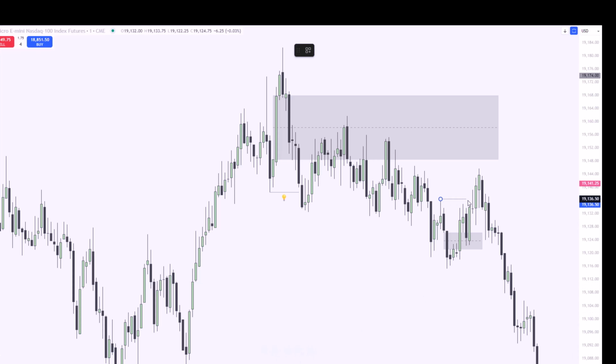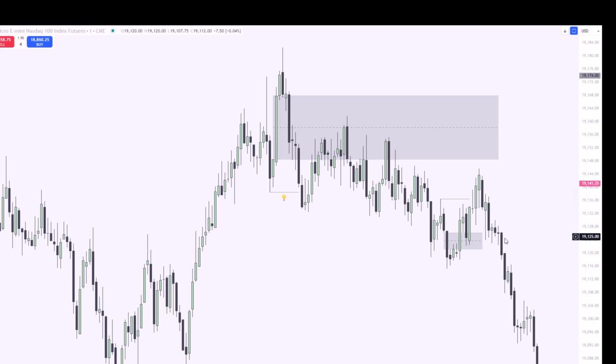So you have the same thing here, leaving a CB, taking a pool of liquidity, leaving a CB, then displacing away from it, leaving this BC. On the return, we failed to close below it, but then there is no follow-up displacement on the way up. Price instead just turns over and starts displacing lower.